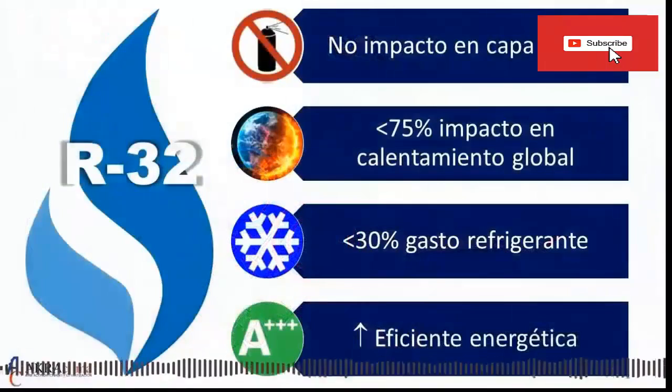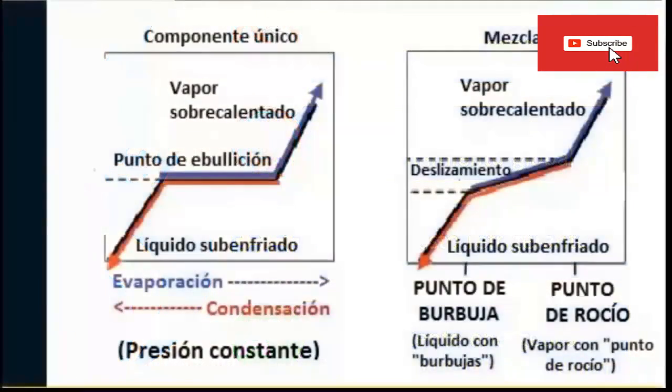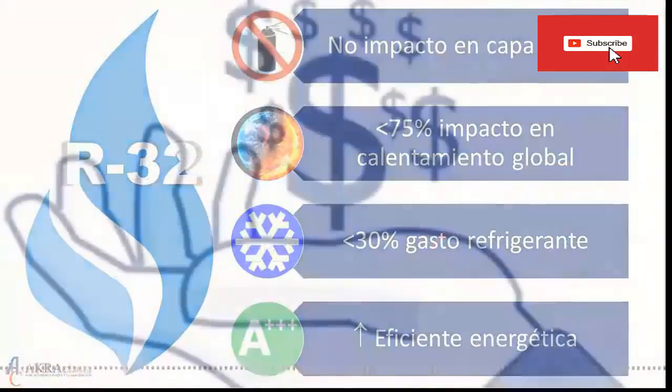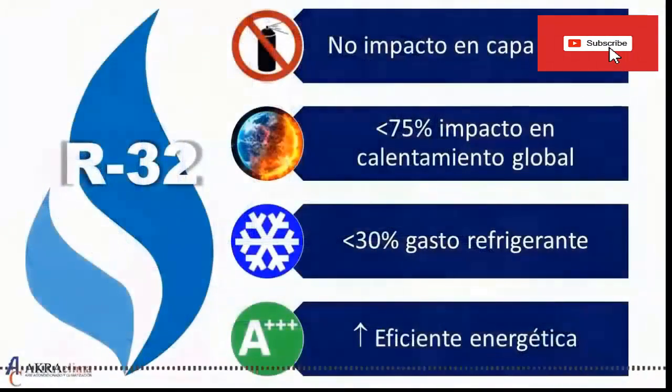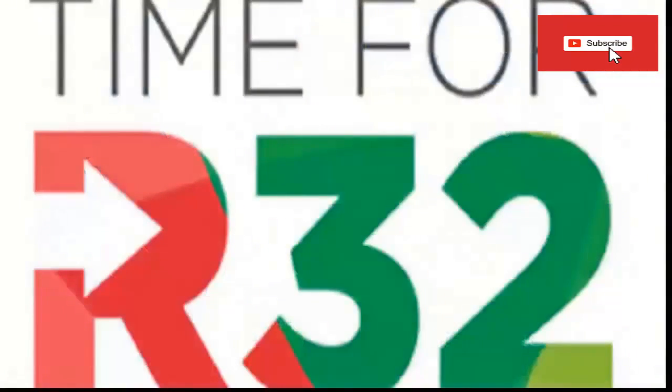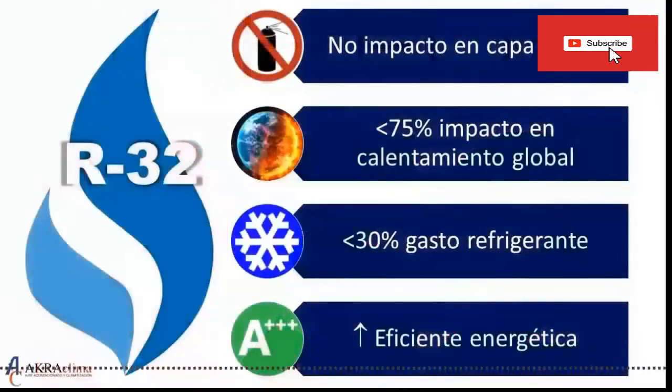In addition, since R32 has no slip, it is not necessary to vacuum the system before each charge, due to partial leakage. 15. The R32 is likely to remain cheaper than its competitors. 16. Apart from this, the fact that there is no patent on R32 guarantees access and availability through many refrigerant suppliers. Before we finish, we must answer two typical questions.